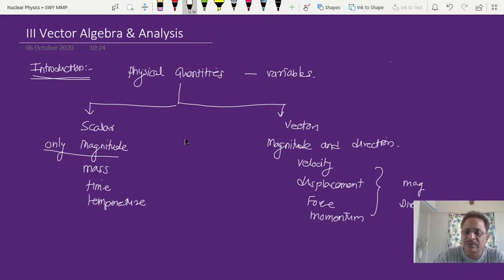Actually we don't use the words vector variables in physics, but we call them scalar physical quantities and vector physical quantities, and in mathematics scalar variables and vector variables.